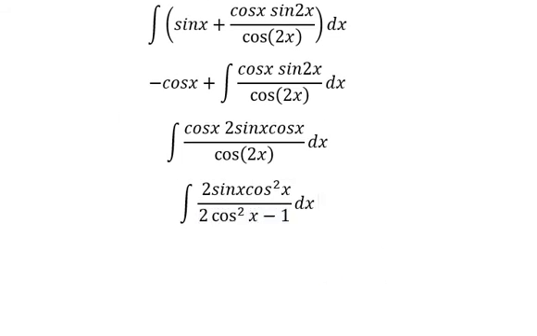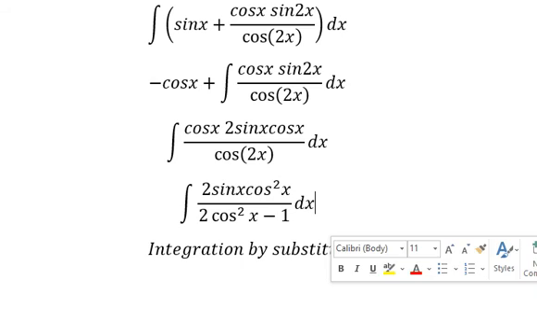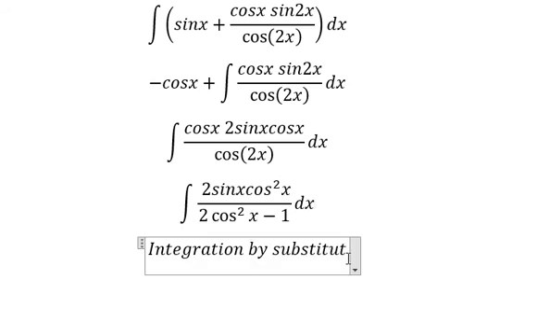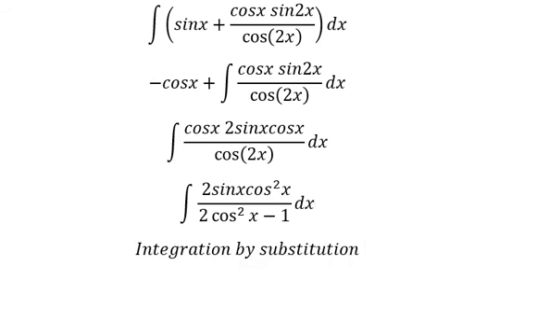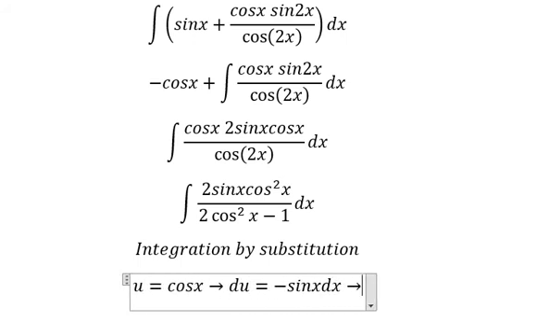And now, we need to use integration by substitution. So I will put u equals cosine x, du we have negative sine x dx.